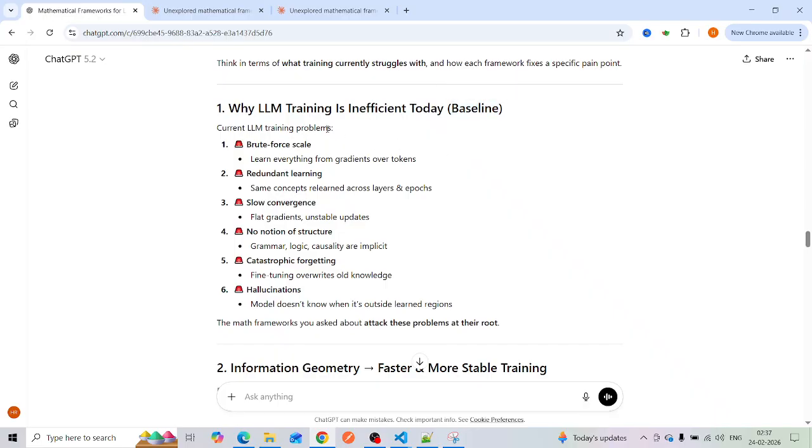Current LLM training problems: brute force scale, learning everything from gradients over tokens; redundant learning, the same concepts relearned across layers and epochs; slow convergence, no notion of structure; catastrophic forgetting; hallucinations. So these are the things.